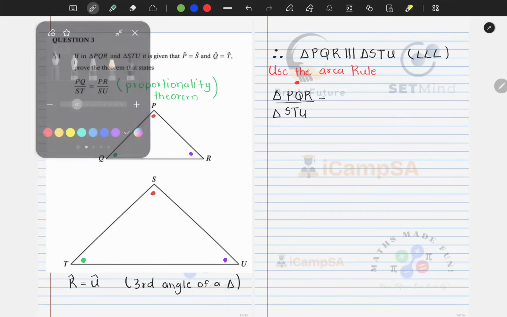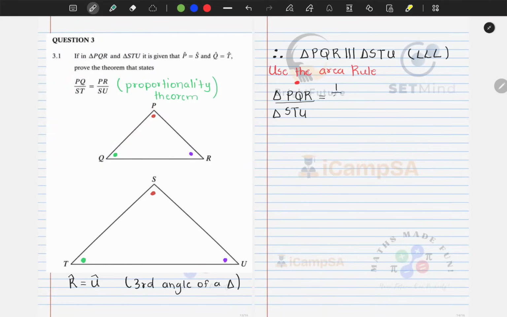So if you look at the red angle, what we are going to have is half of PQ multiplied by PR times sine of angle P. And then we are going to divide by half of ST multiplied by SU and then sine of angle S. But remember that angles S and P are equal.